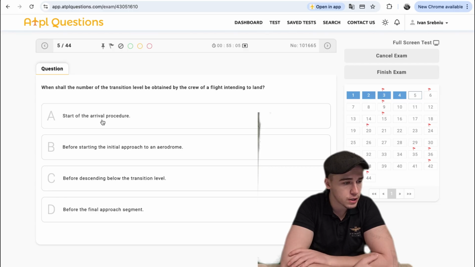So start of the arrival procedure, maybe it's true. Before starting the initial approach, okay, before descending below the transition level.